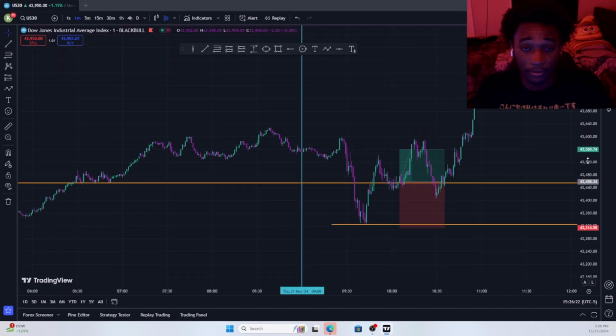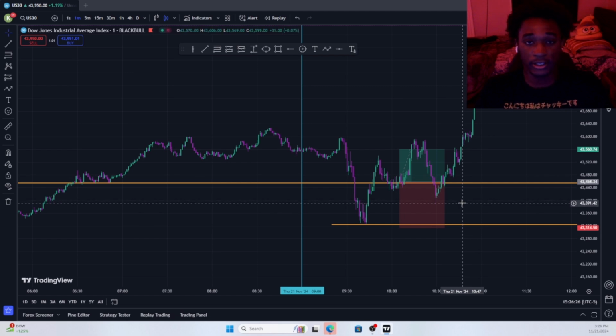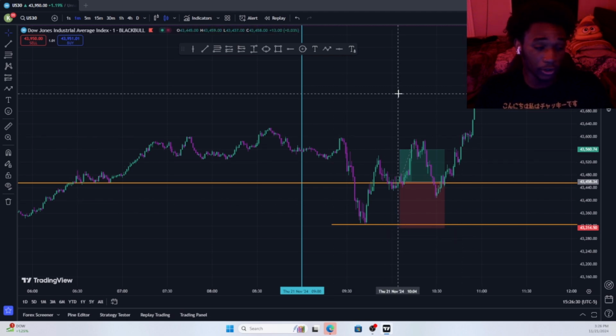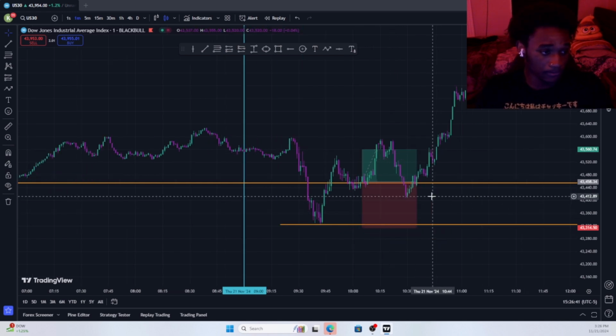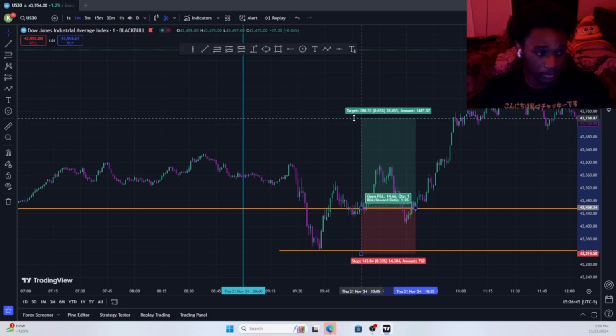I'd rather be safe than sorry, so I always put my stop loss below the recent support zone. In this case, for the whole week, US 30 has not been the best pair to trade. So I wanted to play it safe and I had a huge stop and I just targeted a 1 to 2 risk to reward like every time.